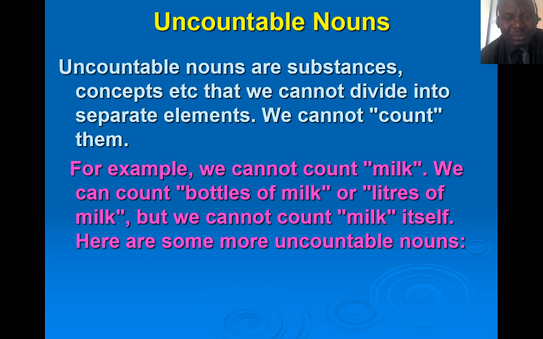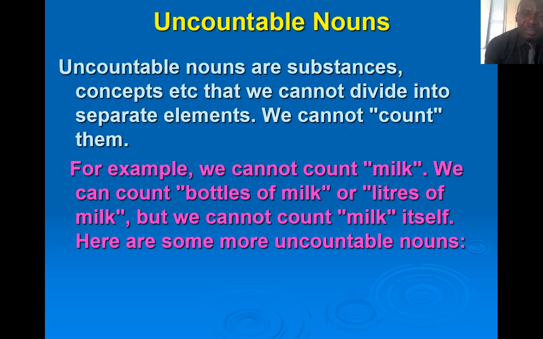We have an example here. Milk. Okay, you can't count milk, can you? No, it's impossible. But we can count bottles of milk. We can count liters of milk. Now, bottle and liters, what do you call them?